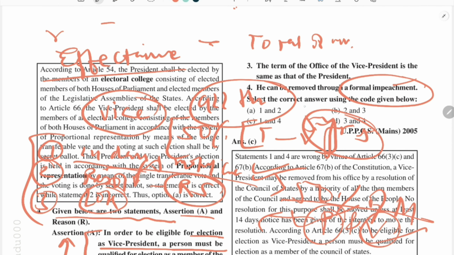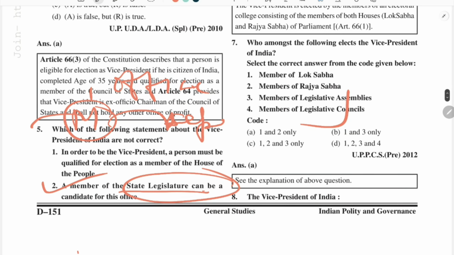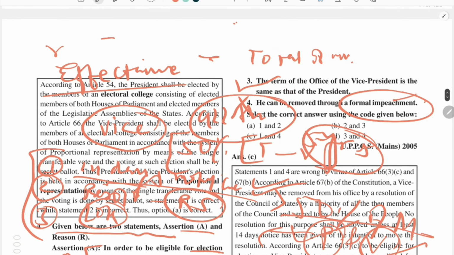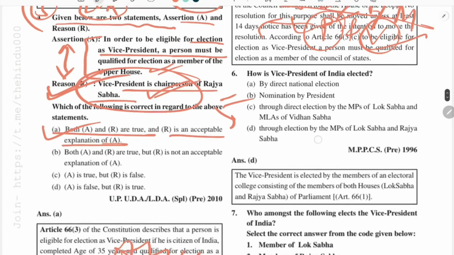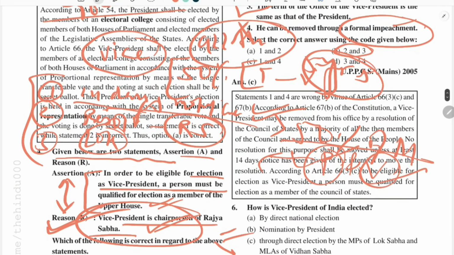So the answer here is, it is incorrect, it is correct. So the correct answer is 2 and 3. But here it is asking for what is not correct. The not correct ones are 1 and 4.